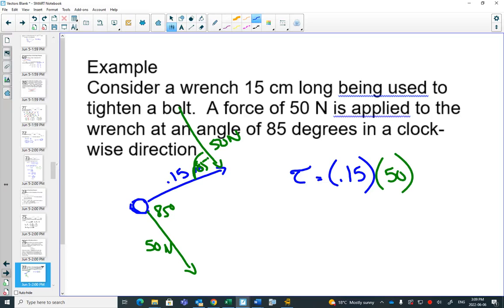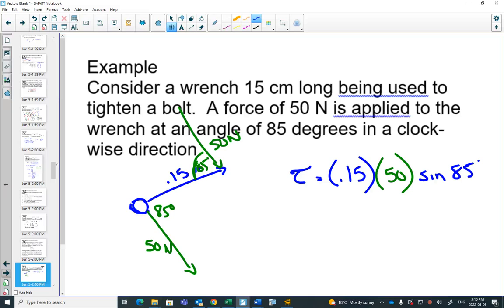Hence the units of Newton meters, because you're multiplying your newtons by your meters. And we have sine of the angle of 85. 0.15 times 50 times sine of 85.